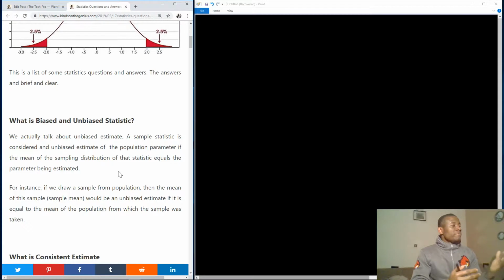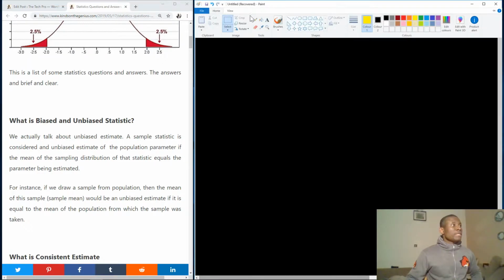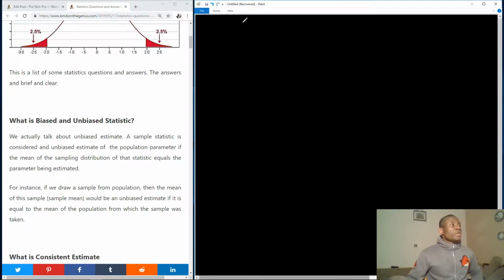Now, in the definition I have, we talk about unbiased estimate, statistic, and estimator. These three are the same. Make no mistake about it, because sometimes it can be confusing in textbooks. So you can have statistic, you can have it called estimate, and you can also have it called estimator.